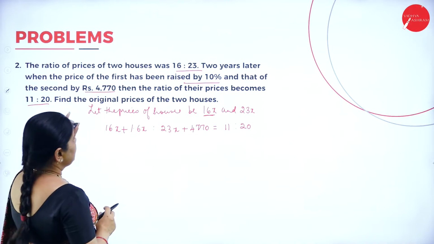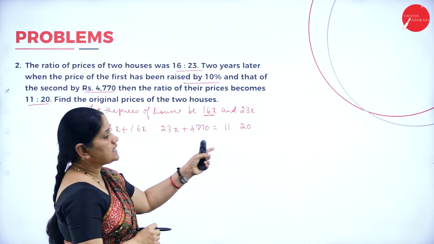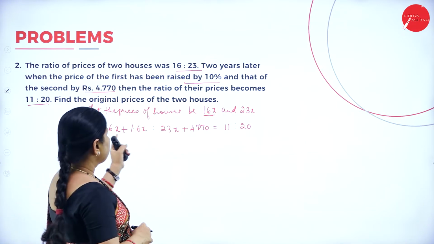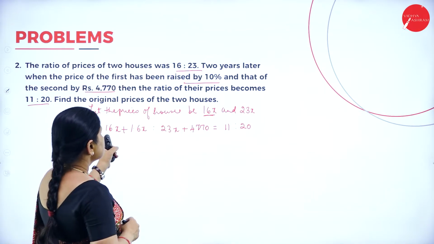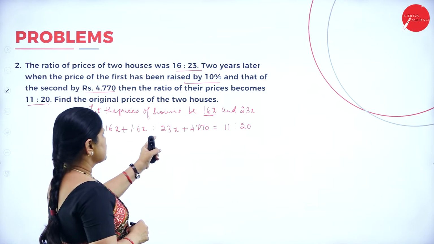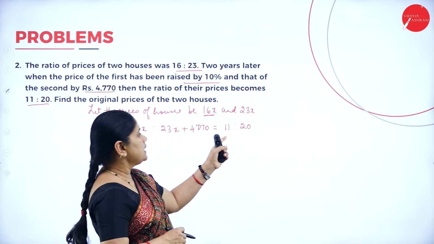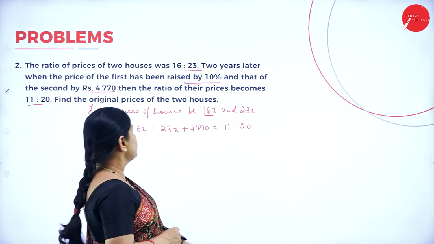Going by what is given in the problem, I got the equation 16x plus 1.6x is to 23x plus 4,770 equals 11:20.